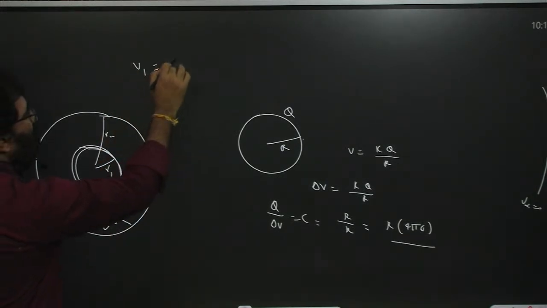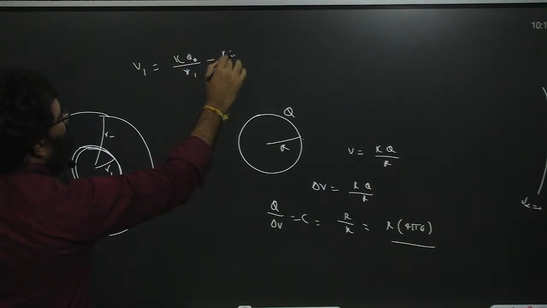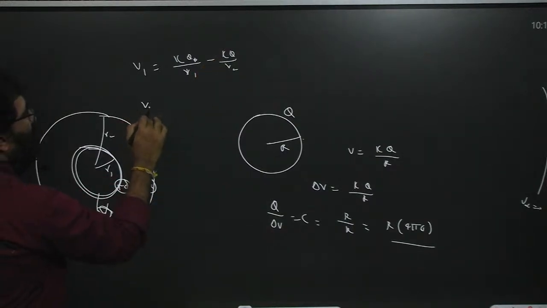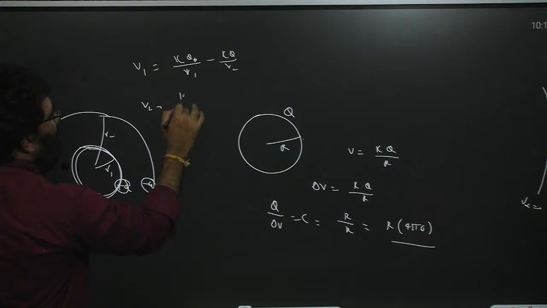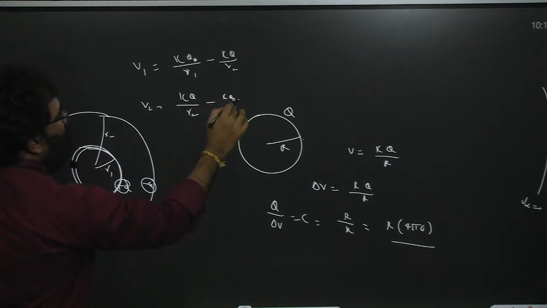Potential at 1 is K Q by R1 minus K Q by R2. V2 is K Q by R2 minus K Q by R2.